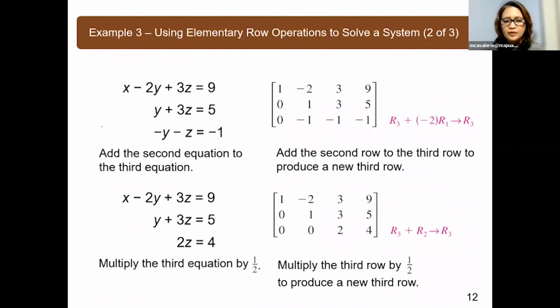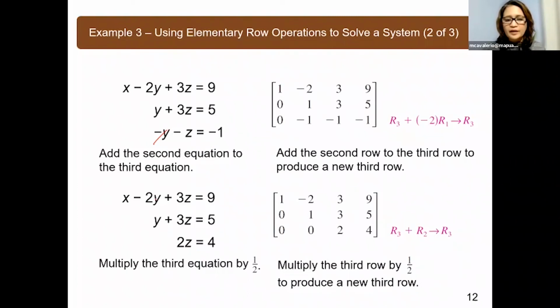Okay, so looking at the left side, if we add equation 2 with equation 3, we form a new equation 3 wherein the -y is already eliminated. So we will have y plus -y, that becomes 0. And then we have 3z plus -z will be 2z. So here we have 2z, and then we have 5 plus -1 is 4. And then we know we can already solve for z, which is equal to 2.